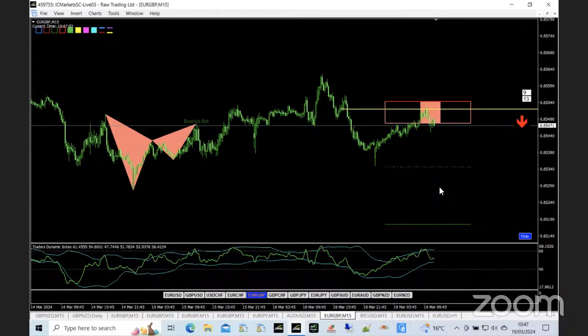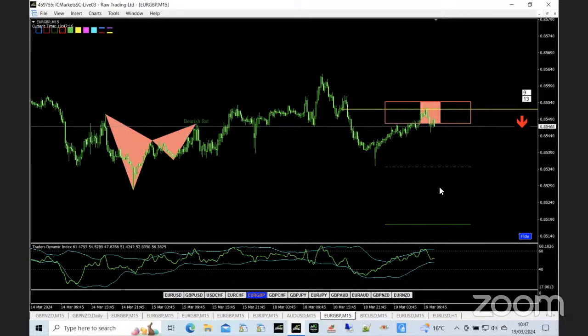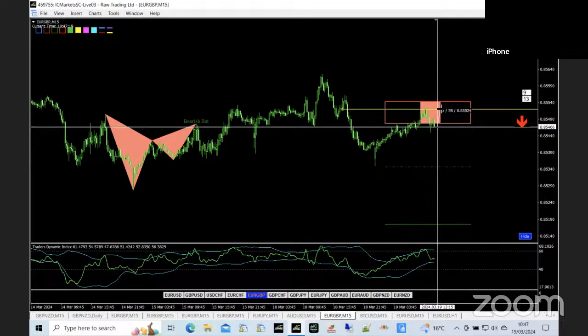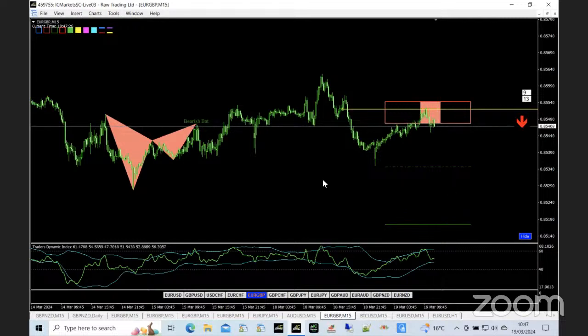If you want to recover your 8% drawdown, you can try this trade. Take 1% risk on this, and if it goes to target, you will recover your 8% drawdown. As you can see, this is very good. 5 pips stop loss, 28 pips. This would give you around 1 to 5. Okay, 1 to 6.